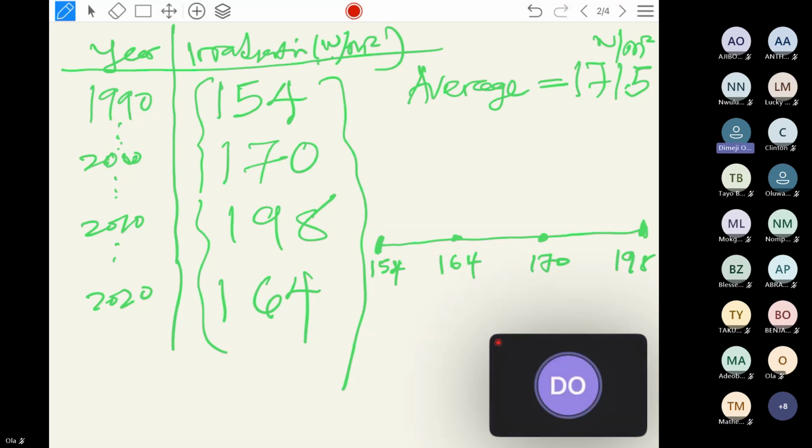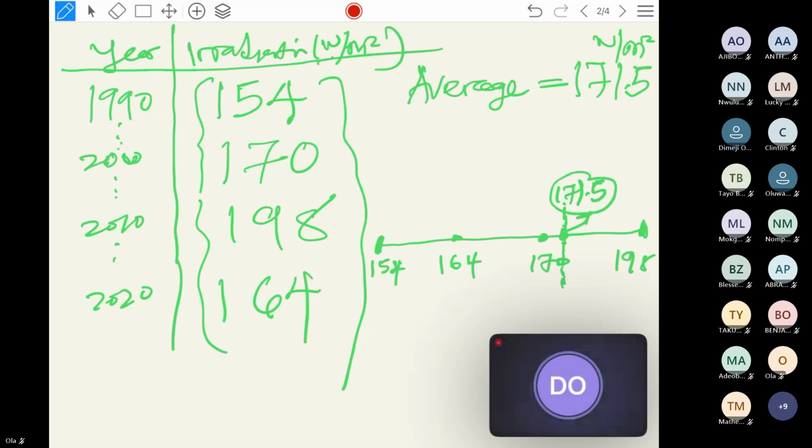Now, for somebody that used the average, what the person is saying is that somewhere here where we have 171.4, at this point, this is the value of my parameter, just here.